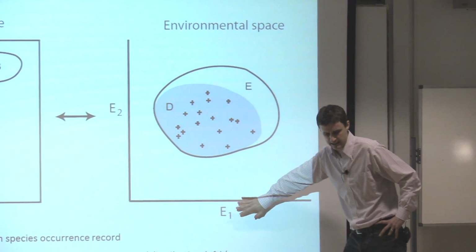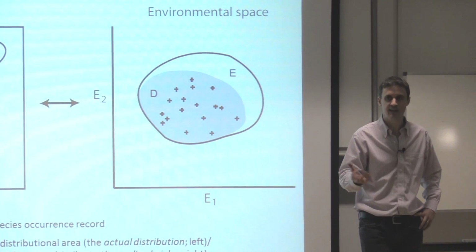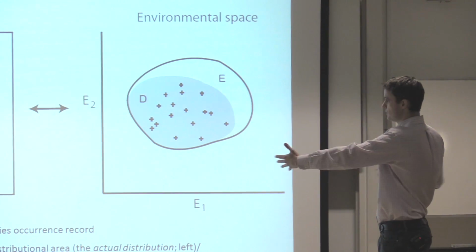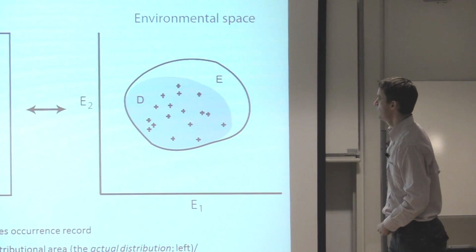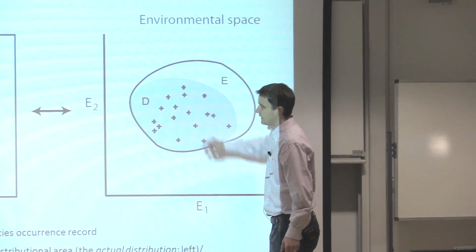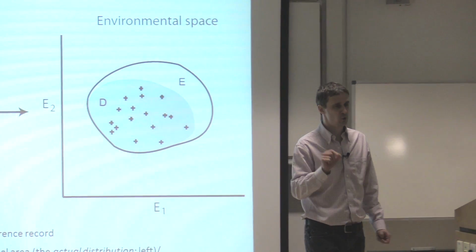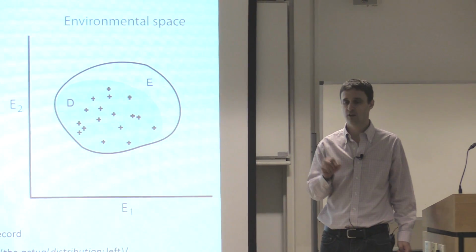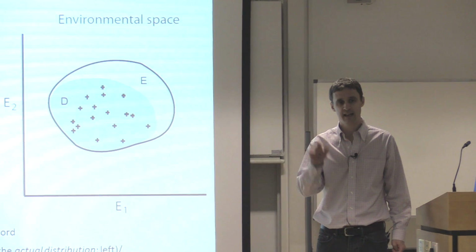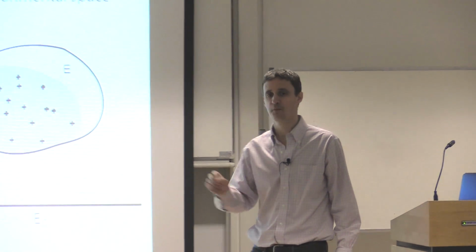Soil type isn't a good example. Some property of the soil, pH or something like that, because we have a continuous variable there. Okay? So again, the occurrence records. Now that is all we know about the species, right? All we know, in most cases, is where the species has been observed. XY coordinates, where the species has been observed.